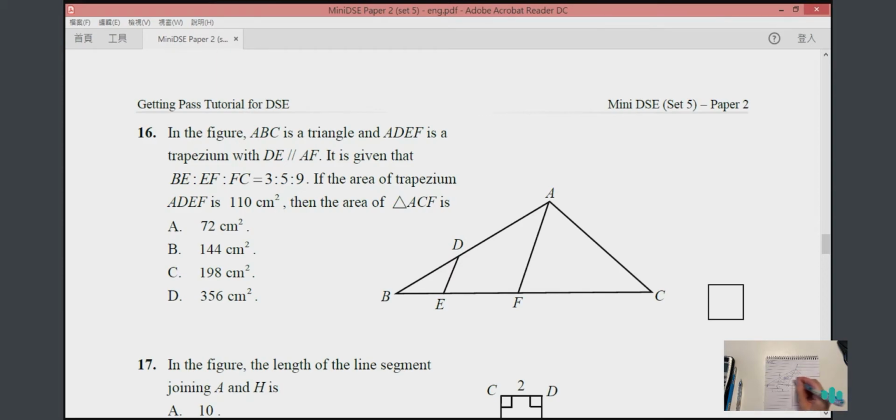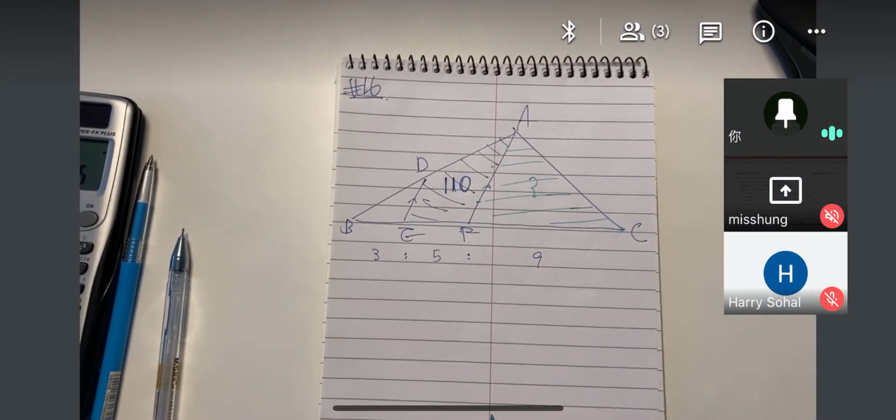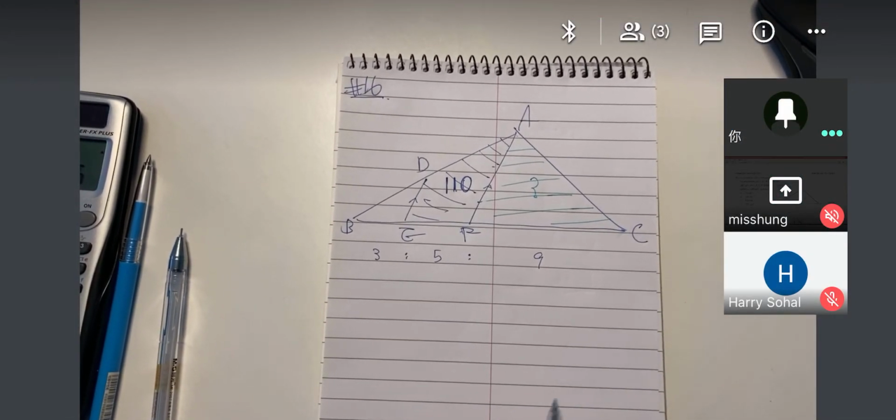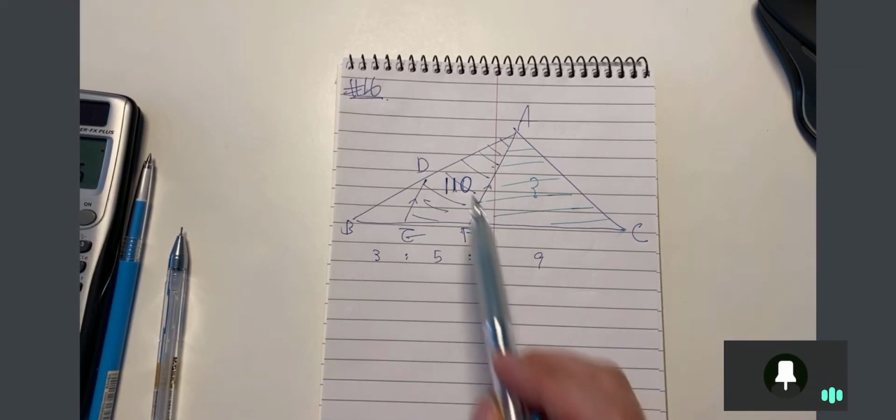So I need to find the area. First of all, you can figure out there are similar triangles here.